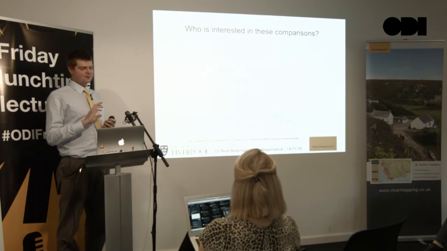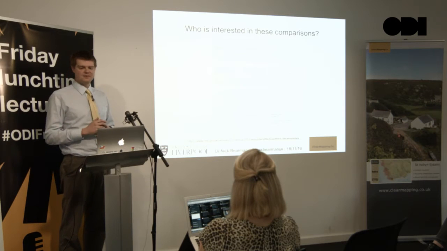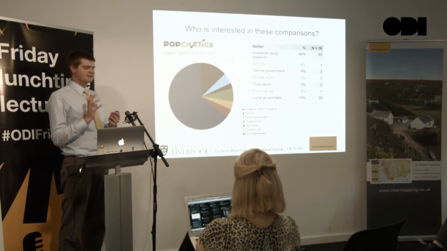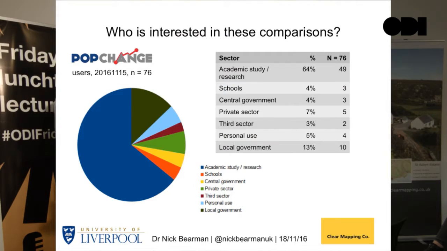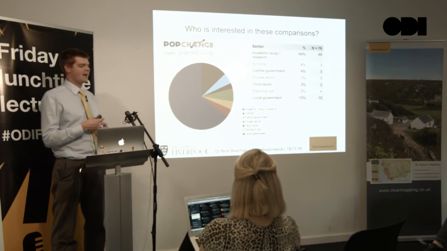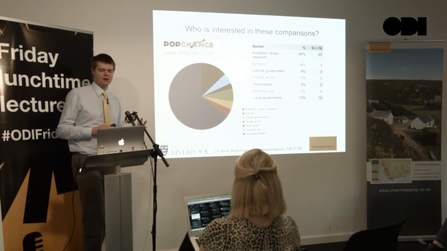In terms of the people who are interested in this change over time element, in the PopChange website so far, the bulk of our users are academic or researchers, and that's probably partly because it started off as an academic project. But we do have a range of users from other sectors, and these are the people we want to help with this resource to make the data more accessible.